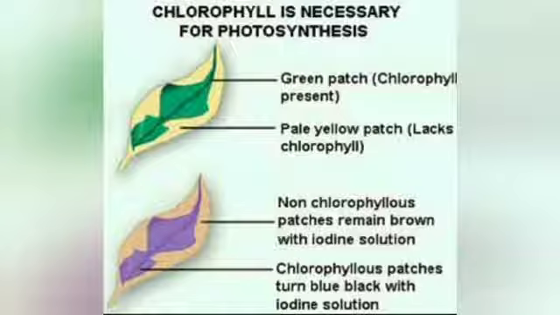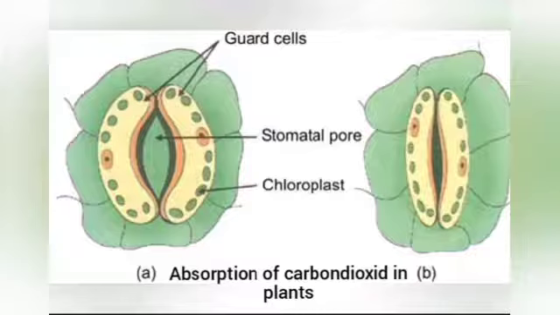Leaves also contain some pores in which the absorption of carbon dioxide in plants takes place. These are the stomatal pores present in the plants. Here the carbon dioxide is taken in, and absorption is done over here. These are tiny pores where gaseous exchange takes place, and the pores close when the plant does not need carbon dioxide for photosynthesis.